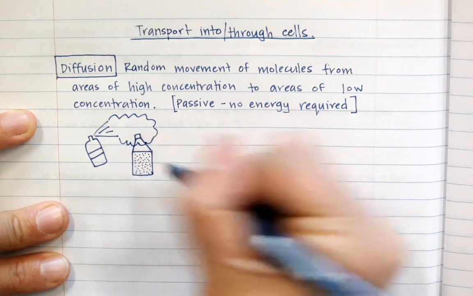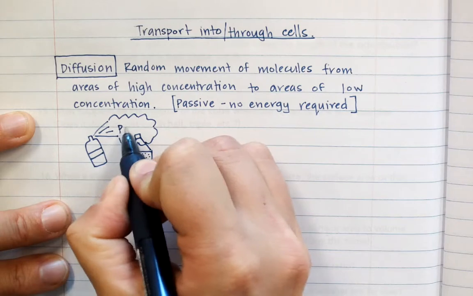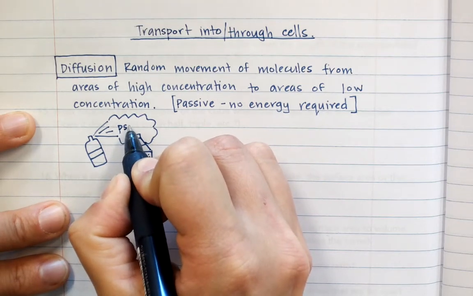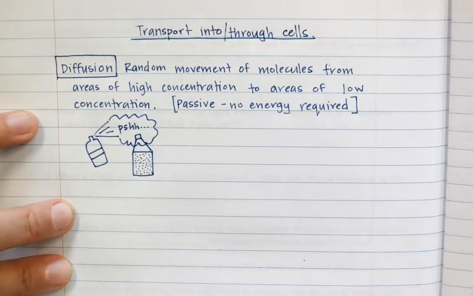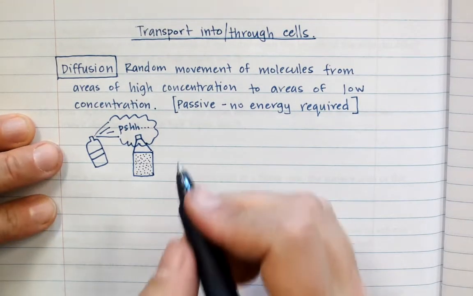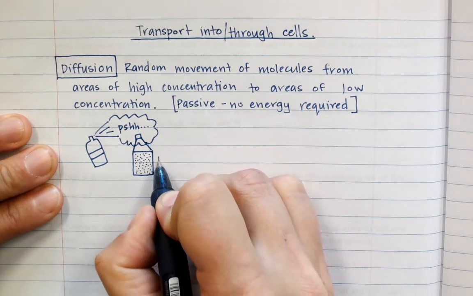Don't use too much of that. So we're going to make a little psst sound. I have no idea how to spell that. And this is a high concentration. So here I have a high concentration.